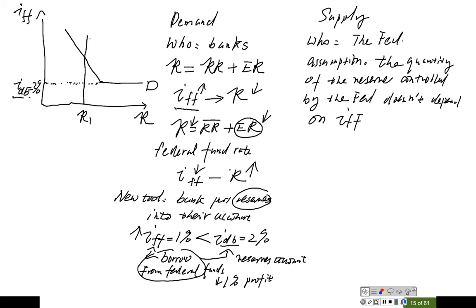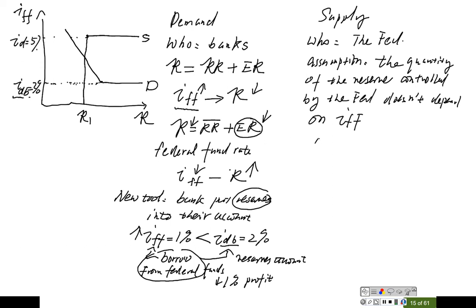But another interesting shape of the supply curve is, you can see when the federal funds rate reaches a certain level, the supply curve becomes horizontal. So what's the interest rate here? That's the interest rate we call the discount rate. Suppose here the discount rate is 5%.